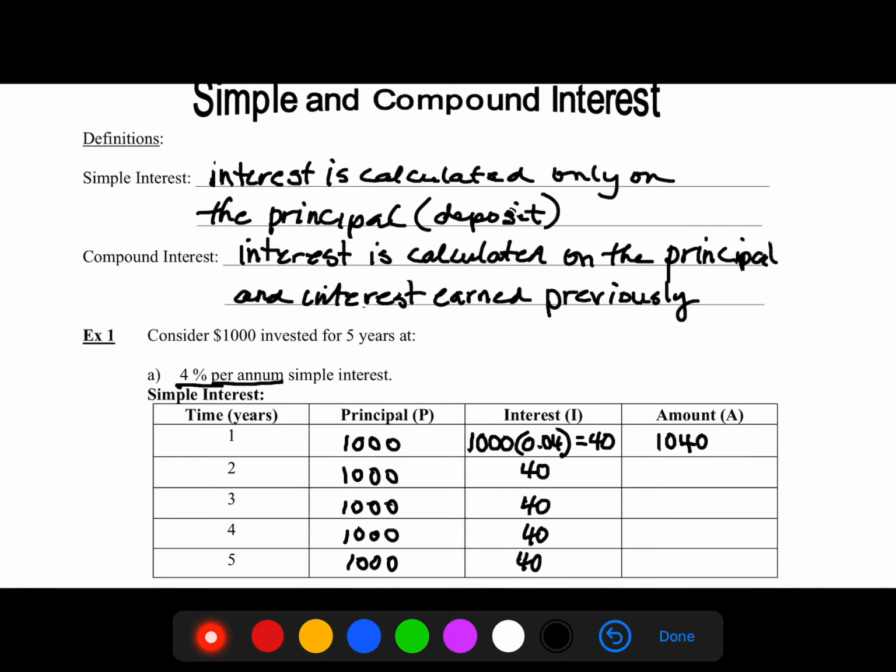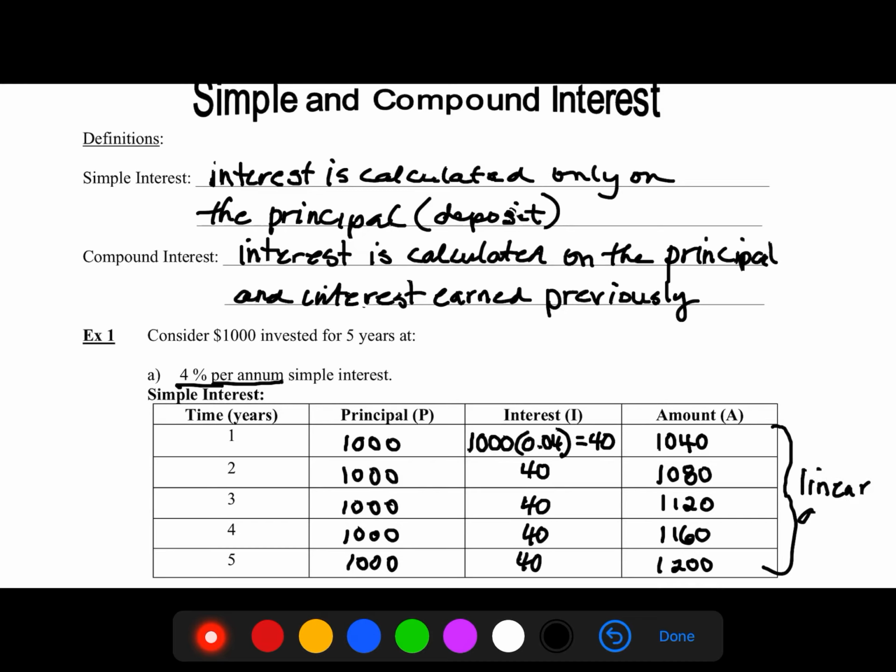Well, the next year, it's exactly going to be the same because interest is only calculated on the $1,000. So every year, same thing, as long as we don't change or touch the account, there's going to be $40 added into the account. So our amount, or what's in the account each year, goes up by $40.